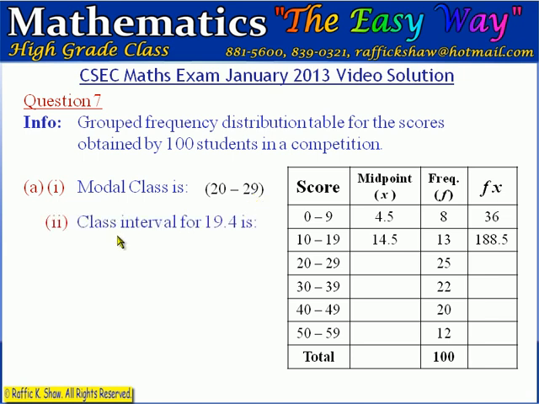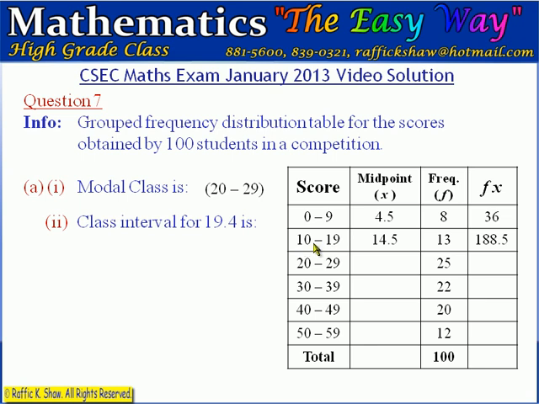Part 2 wants us to determine the class interval for 19.4. A student who scored 19.4, we want to say in which class interval a score of 19.4 would be placed. And 19.4 would approximate to 19, and a score of 19 will be found in this group, 10 to 19.